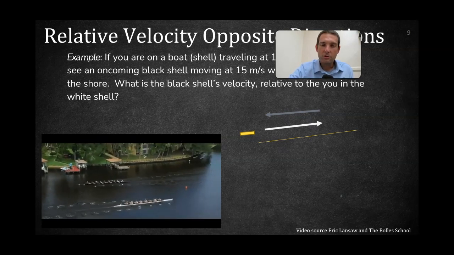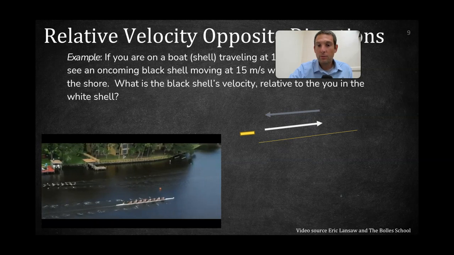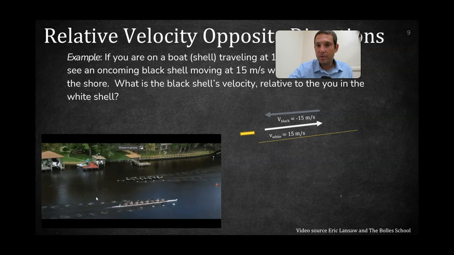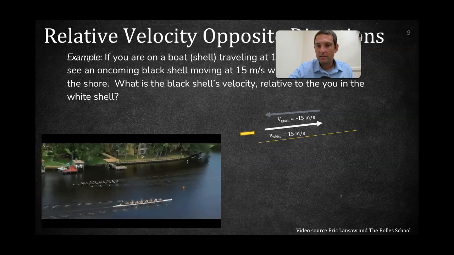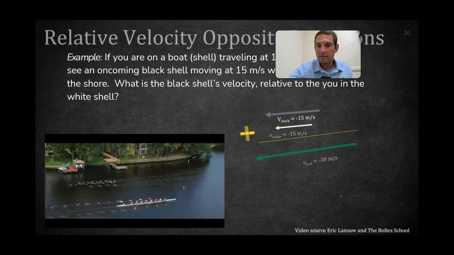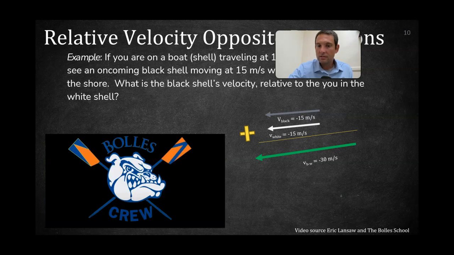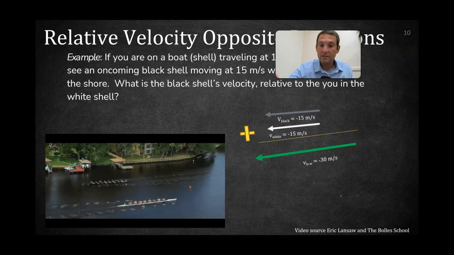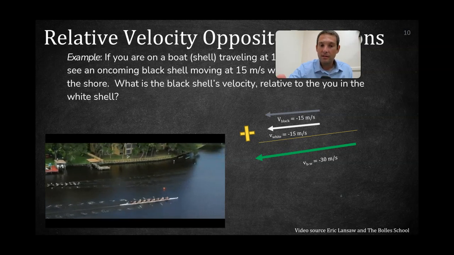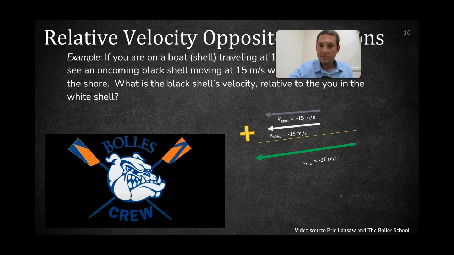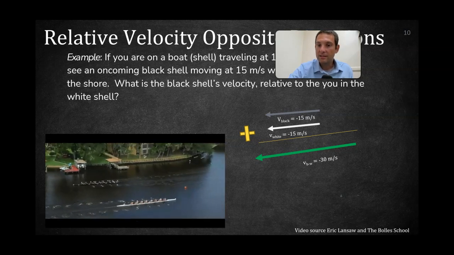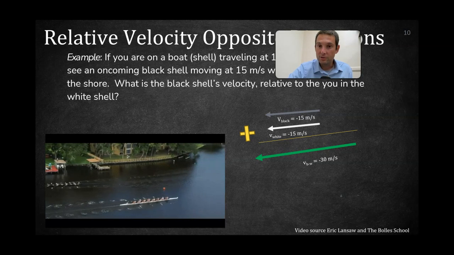So whenever we subtract vectors, we're going to add the anti-parallel. That's it. So we started with negative 15 meters per second because it's 15 meters per second to the left. Then the anti-parallel, negative 15 meters per second, gives us a relative velocity of negative 30 meters per second.